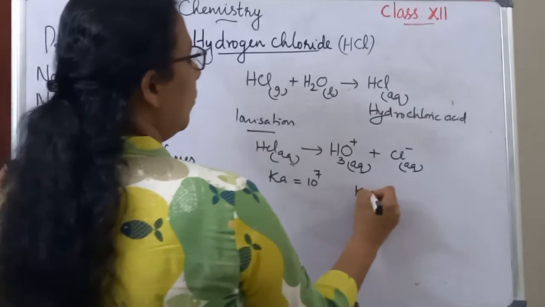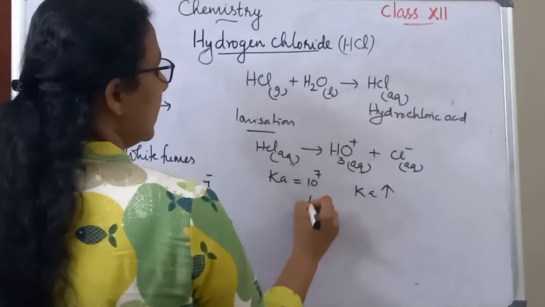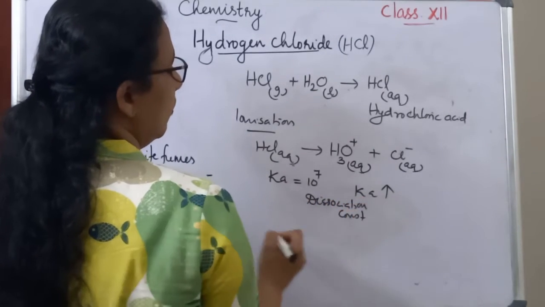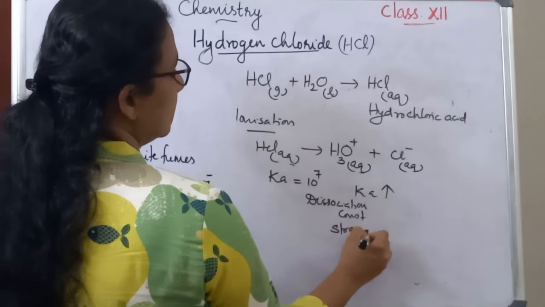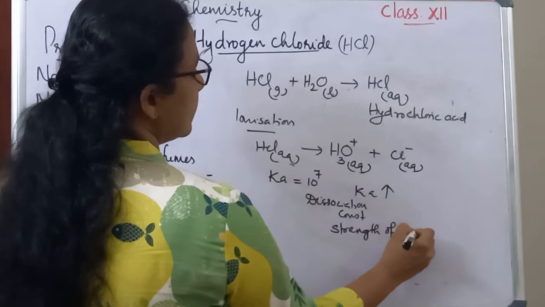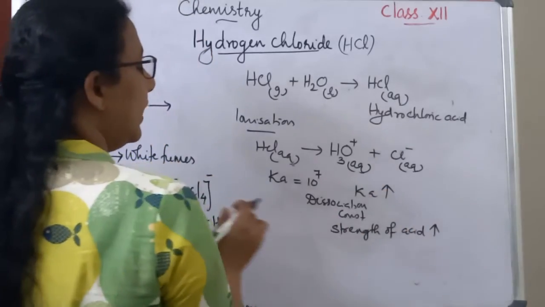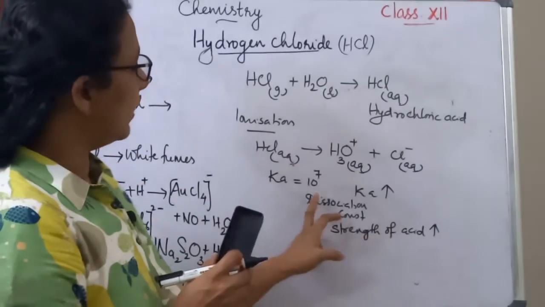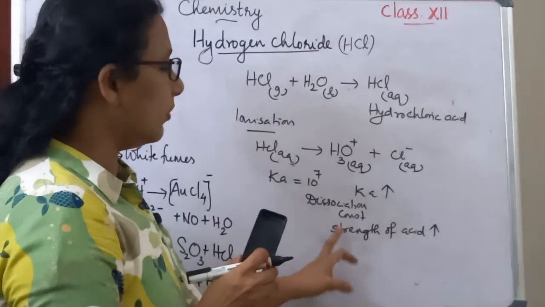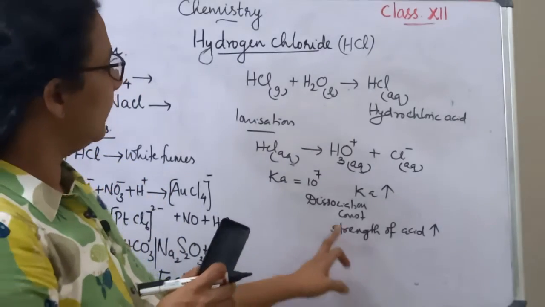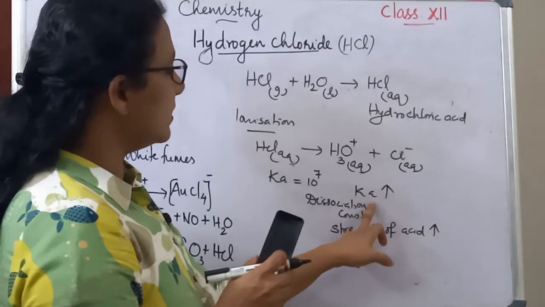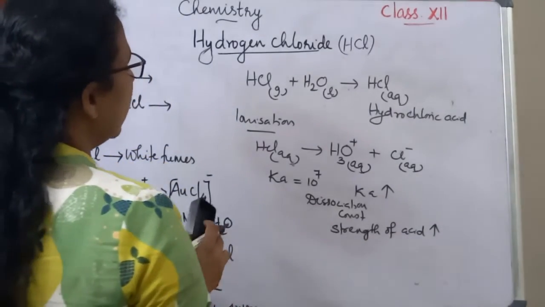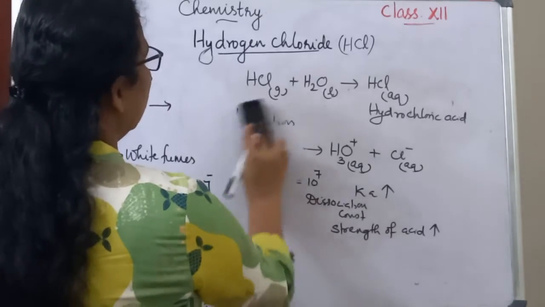So if Ka is more, the strength of acid is more. So Ka and acidity or strength of acid are directly proportional. So Ka is more in this case, so it is a strong acid. So this is about the ionization of HCl or hydrochloric acid.